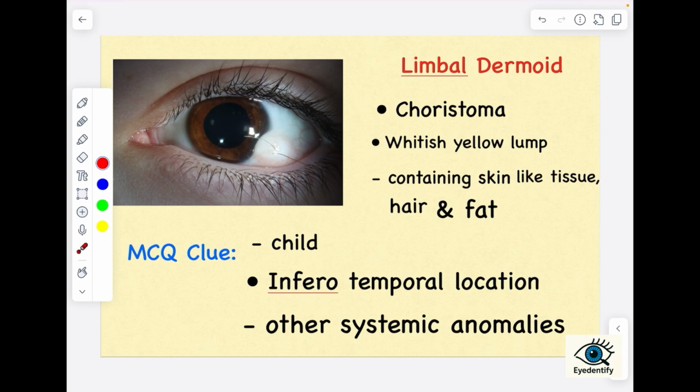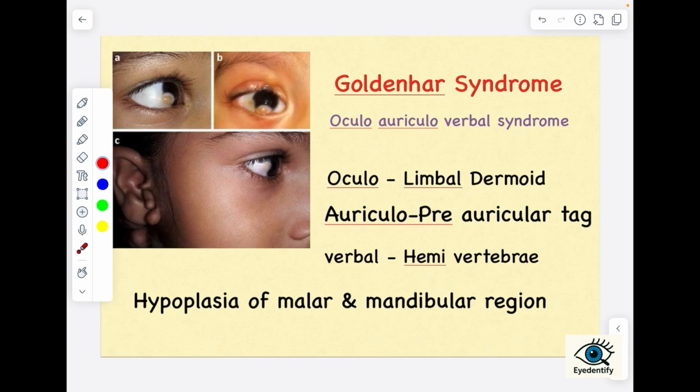How can we know that this is nasal? We can see the plica semilunaris. So this is the nasal location and this is temporal. Sometimes they will also give other systemic anomalies. The most common is Goldenhar syndrome, oculo-auriculo-vertebral syndrome, which is associated with limbal dermoid.